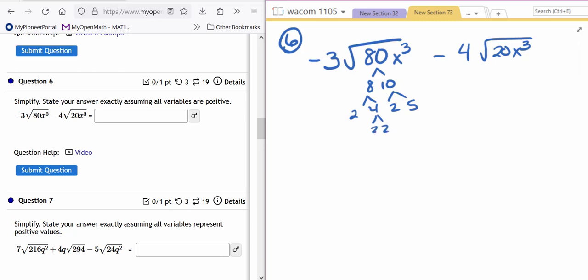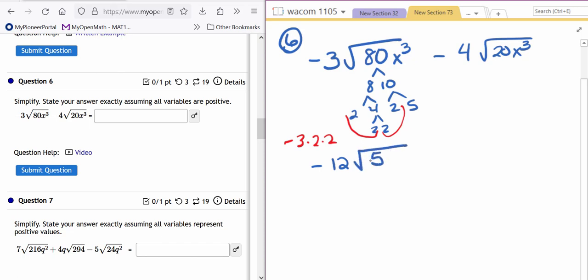Right? And if you don't bring everything down all the way, just be careful. All right, so there is a group of 2, and here's another group. So you're taking out 2 2's. You have minus 3 times 2 times 2, which will give us minus 12 times the square root of 5. And I didn't leave enough space there. I need to do my variable. So I'm going to divide 2 into 3. Goes 1 time with 1 left over. So you're going to have an x out there. We'll squish it in, and you're going to have an x left over in here.